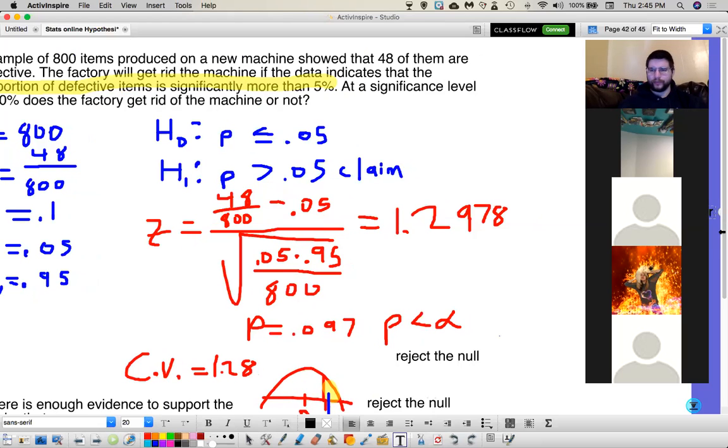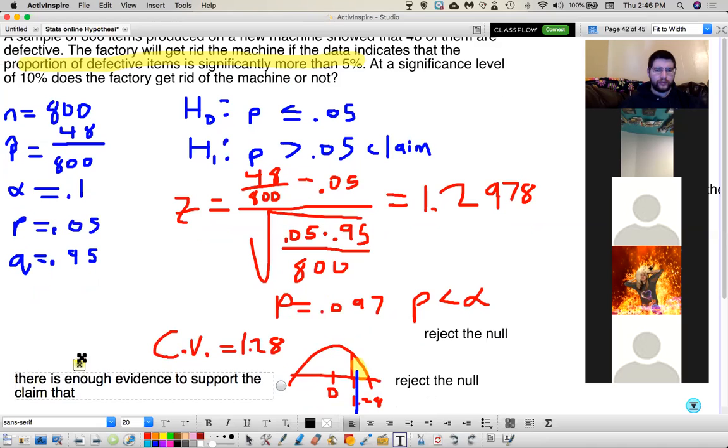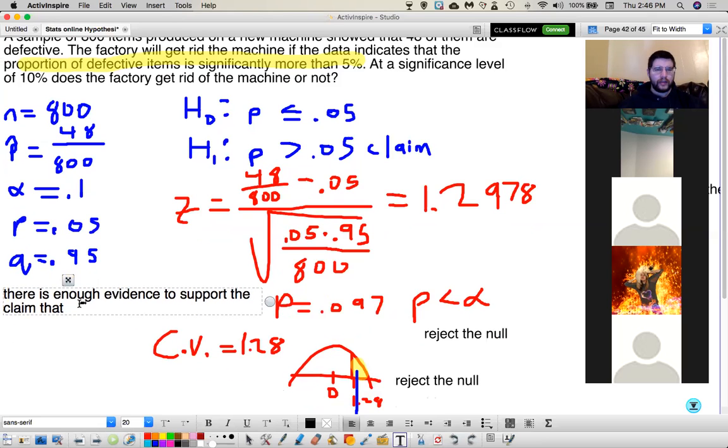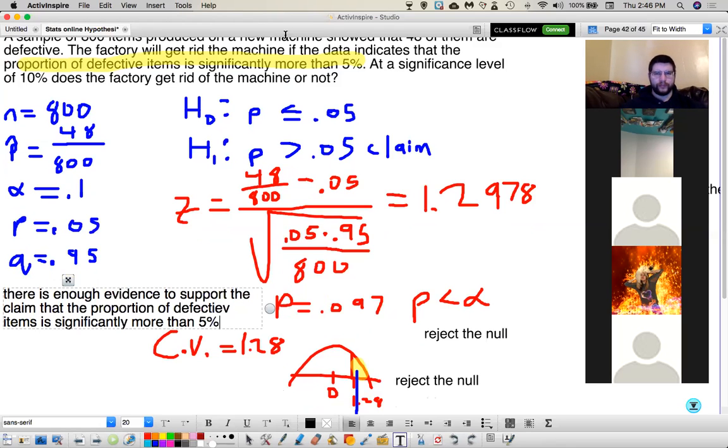That the proportion of defective items is significantly more than 5%.